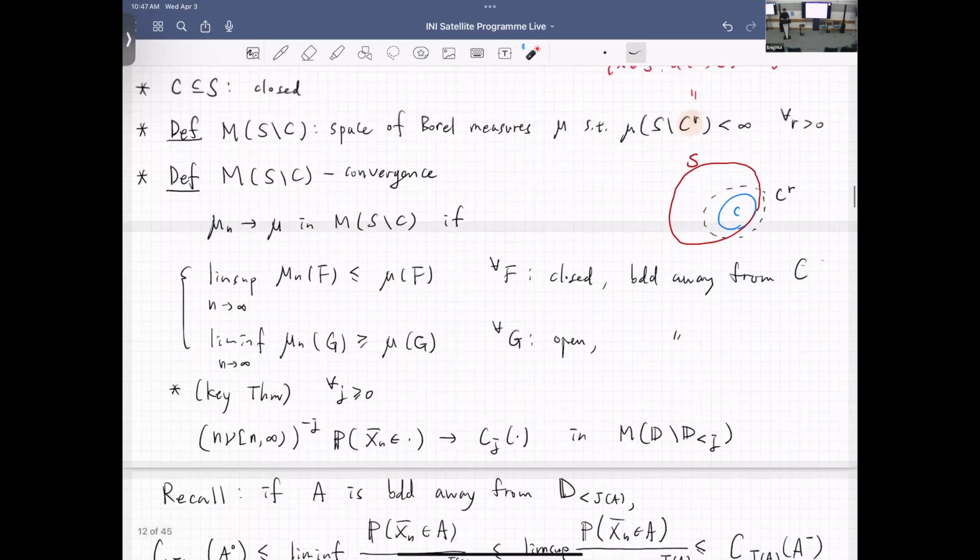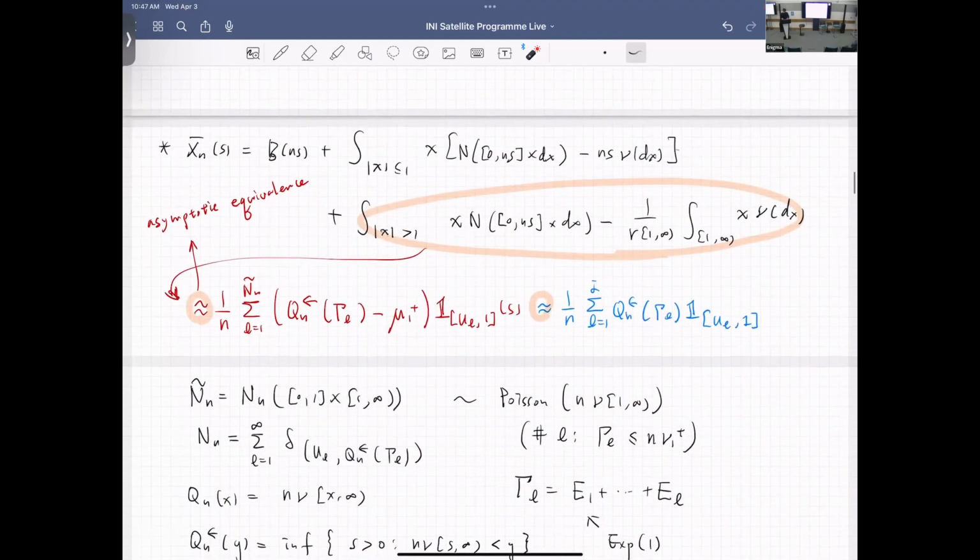Remember that we had these objects, from the simplest to the most complex, but they are all asymptotically equivalent.